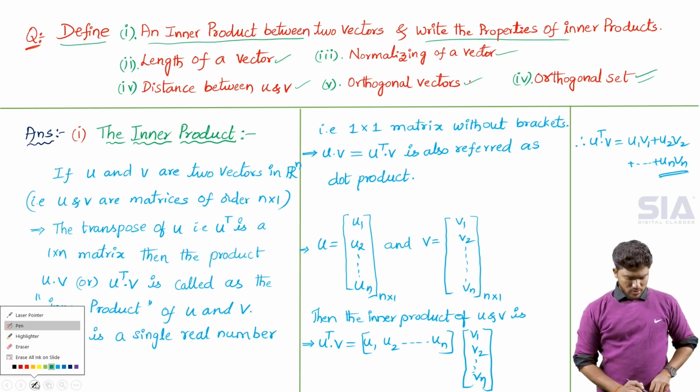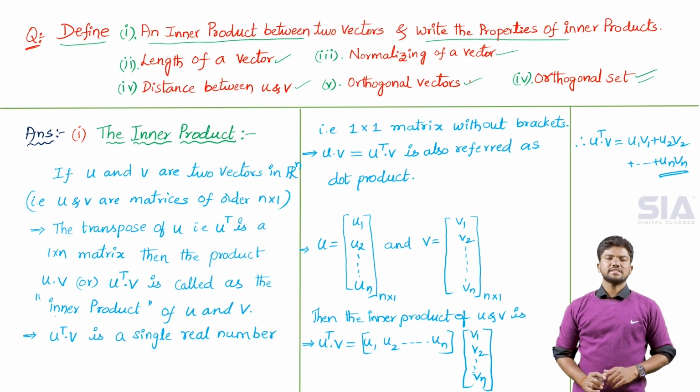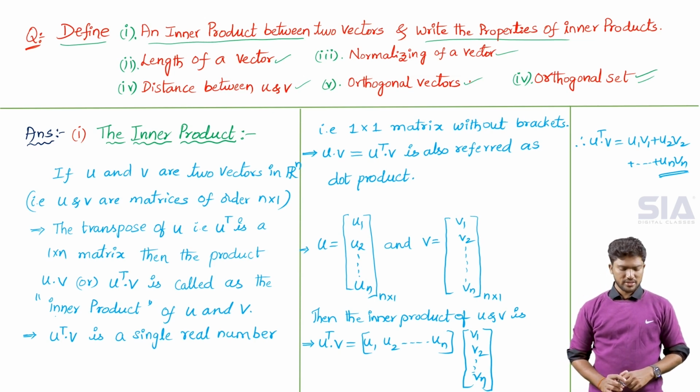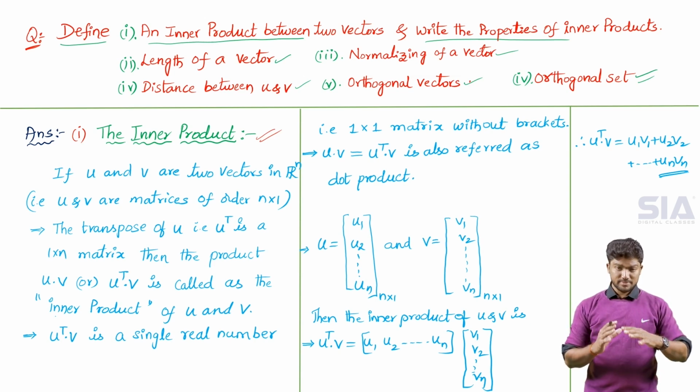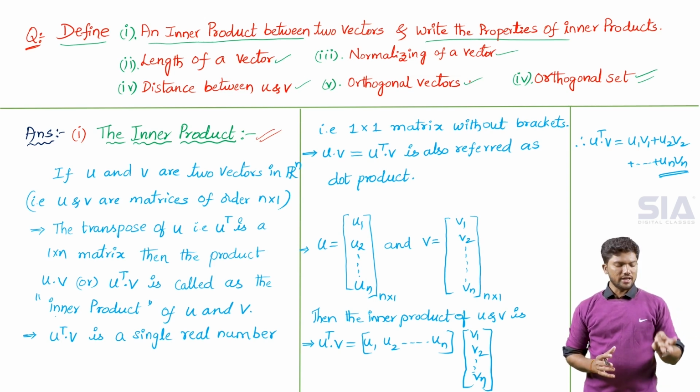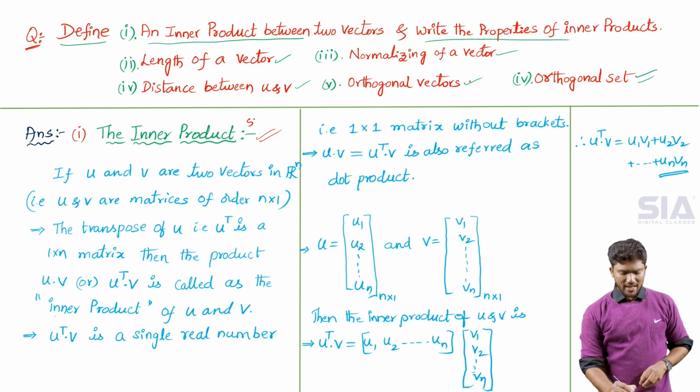First of all, we are starting this lecture with the definition of inner product. There are two types of products, especially for these topics: inner product and outer product. Inner product we can also call a scalar product.